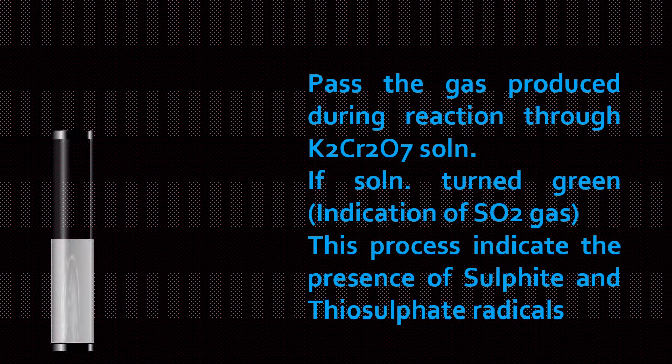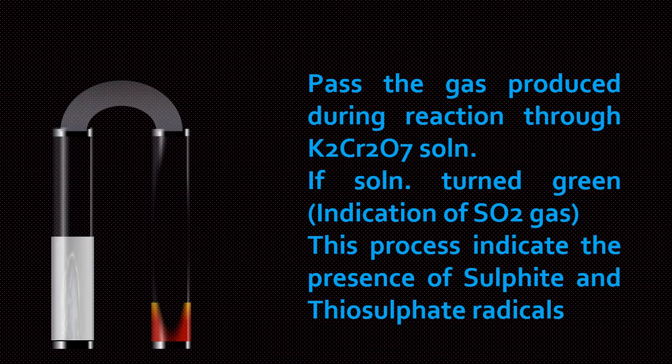So let's have an experiment. Here the gas is being produced, so we pass this gas through K2Cr2O7 solution. The K2Cr2O7 solution color is bright orange, or we can say it may be bright red.